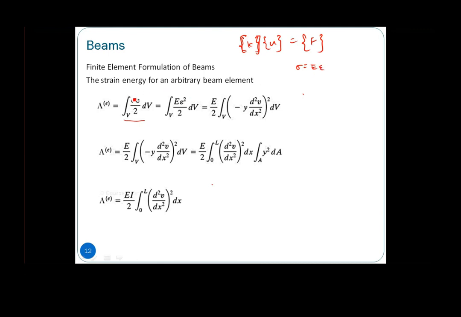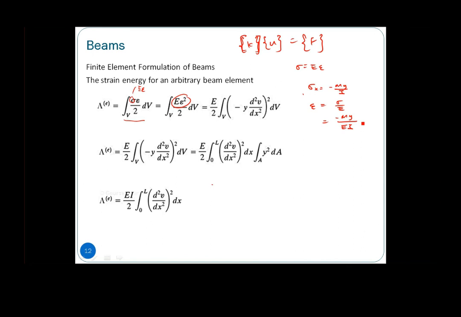So we can substitute our stress equals E strain, then we get this E strain squared. So from there, just now we have determined sigma x equals negative My over I, and we have our strain equals sigma over E, so we can have negative My over EI. It's our strain.